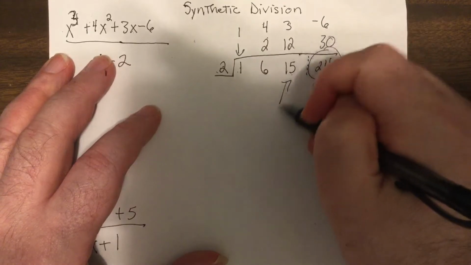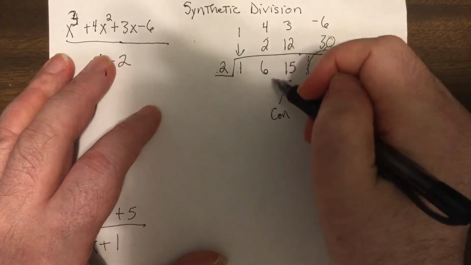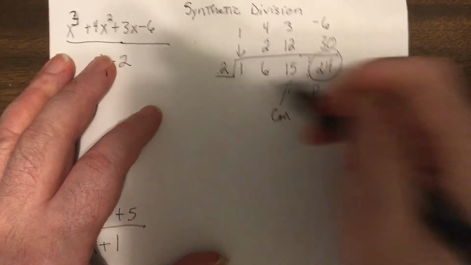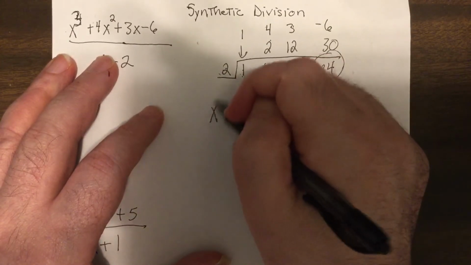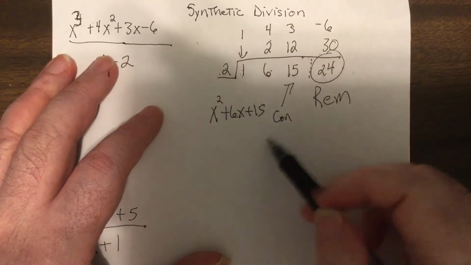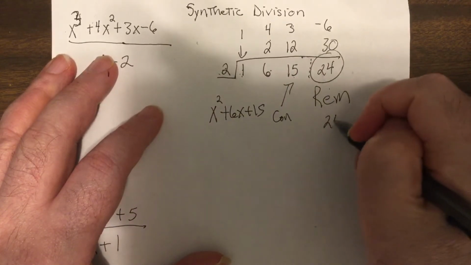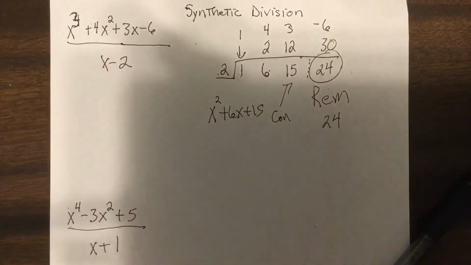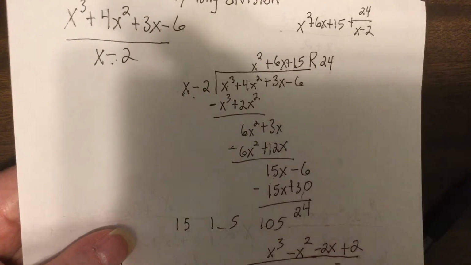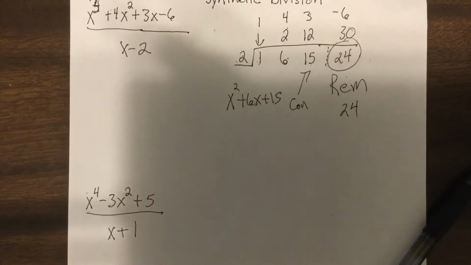This will be your constant. Then this is your x coefficient, then x squared, and you keep going until you hit the wall. So it's x squared plus 6x plus 15 with a remainder of 24. What do I have here? x squared plus 6x plus 15, remainder 24. You get the exact same thing.